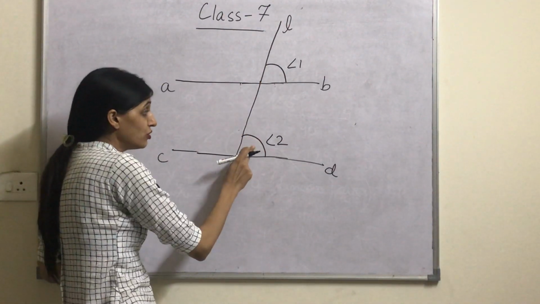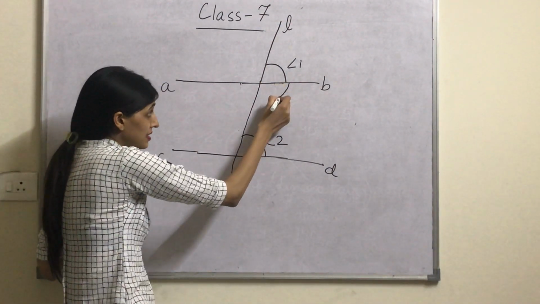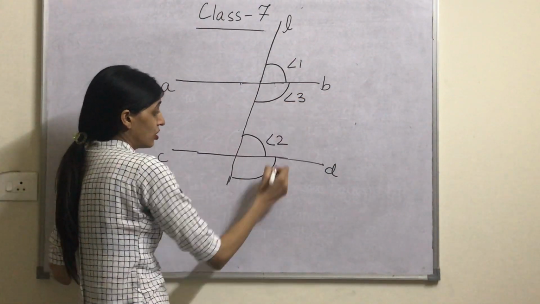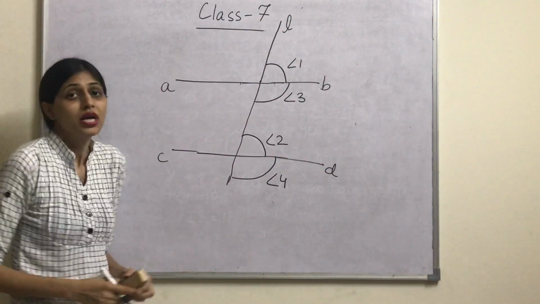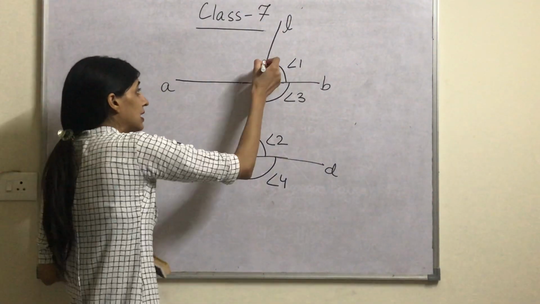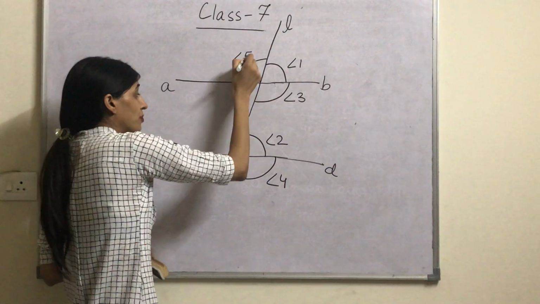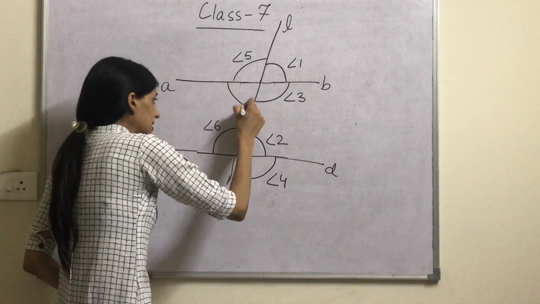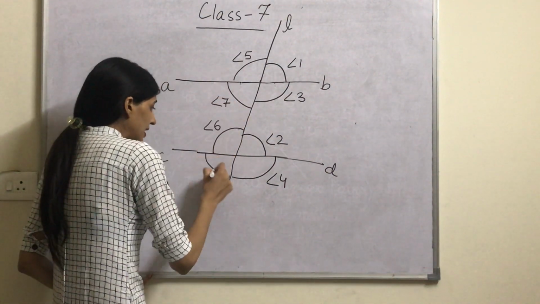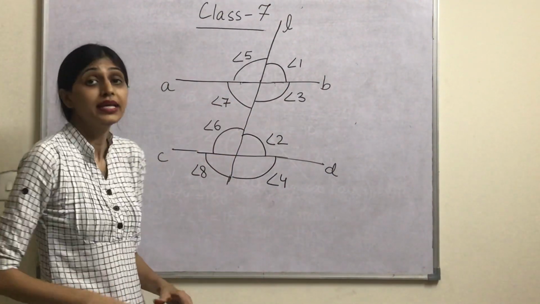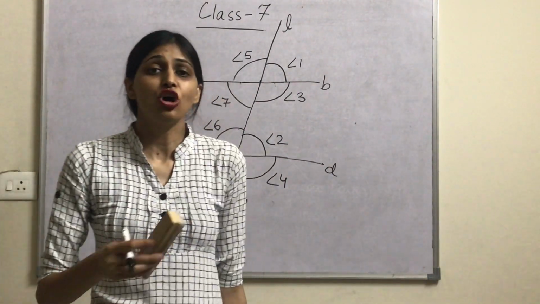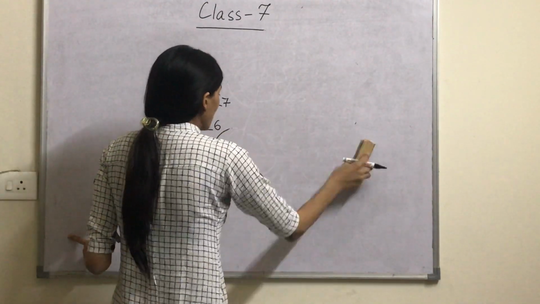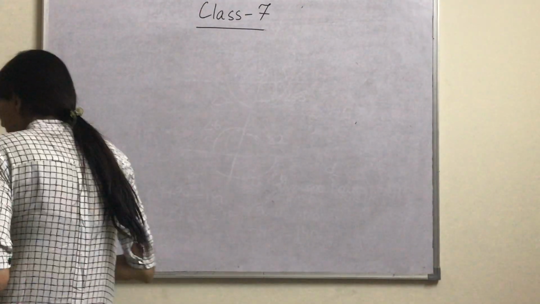So this is equal to this. Similarly, this is on the lower side and this is on the lower side, so this angle is also equal to angle 4, corresponding angle. Similarly, angle 5 on the top side, angle 6 on the top side, both are equal. Angle 7 on the lower side, angle 8 on the lower side, both are equal, and these are known as corresponding angles.